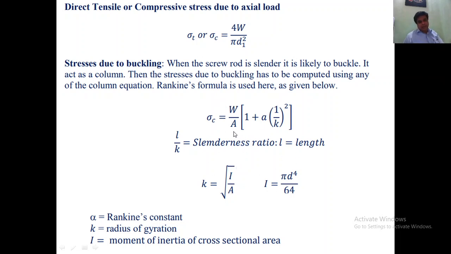You have learnt this in columns in mechanics of materials. Just remember this equation, and using all these terms we can calculate the stresses due to buckling. So this is the crushing stress or the buckling stress.